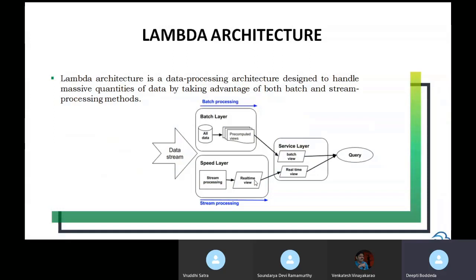Then you can query the serving layer, where all the batch data and real-time data is present, and get the data of any number of years, maybe 2 years, 3 years old data also. This is called a LAMBDA architecture, which is designed to handle massive quantities of data by taking advantage of both batch processing and stream processing. And Buddhi will discuss one of the use cases where stream processing is used.